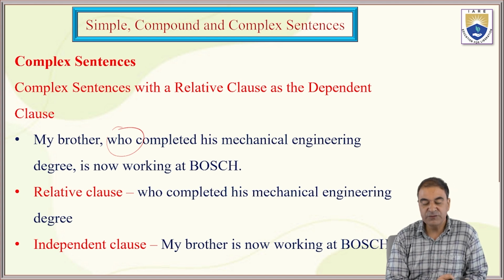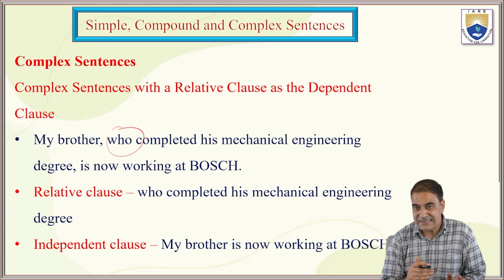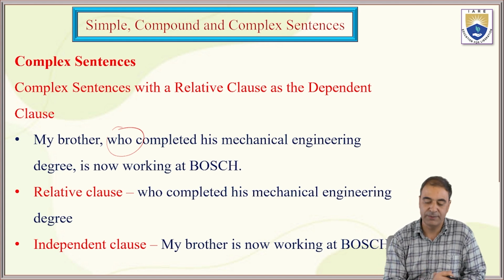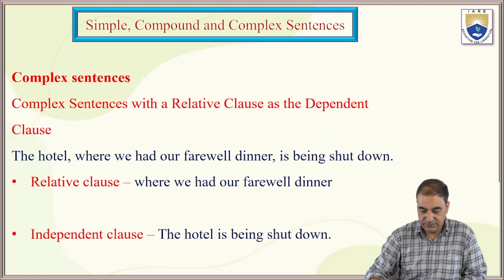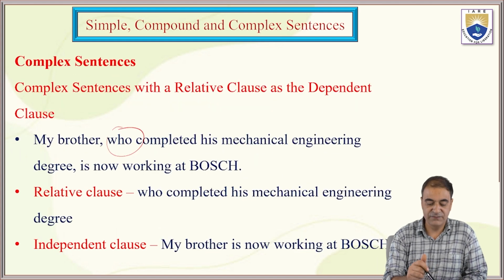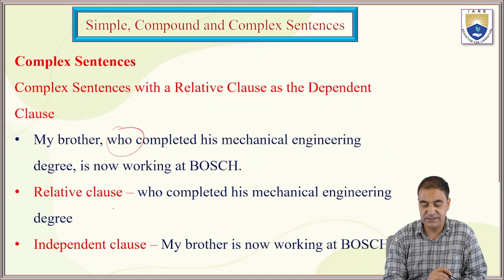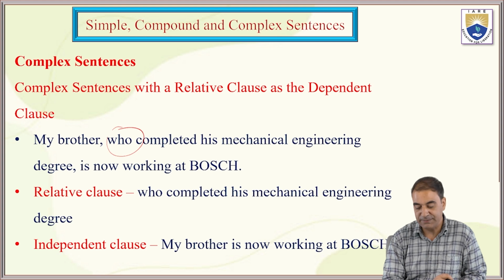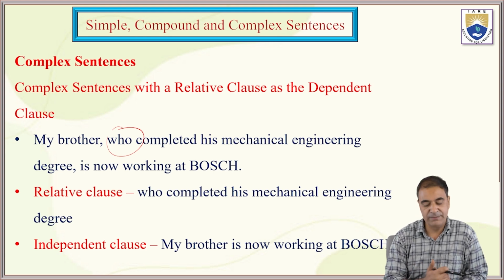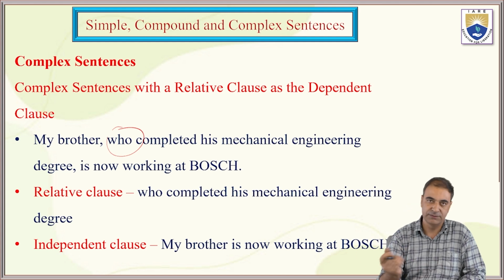Here, what we do, we put this extra information between two commas, like here, who completed his mechanical engineering degree. Here, the first one is the relative clause, that is, who completed his mechanical engineering degree. And the next one is the independent clause, my brother is working at the bank.